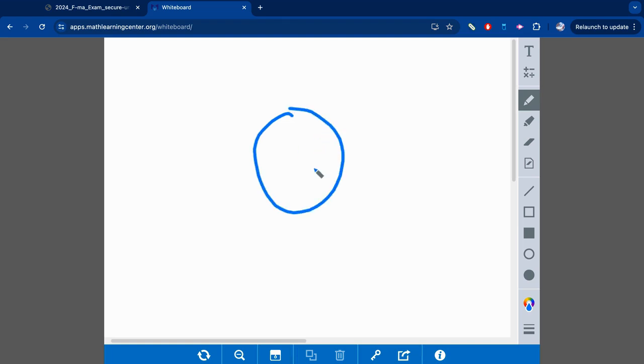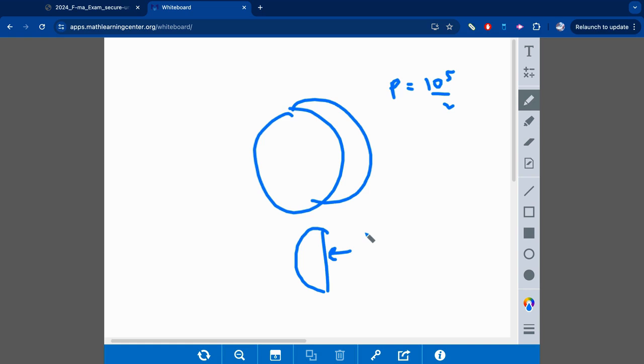So basically, you want to figure out the force that's required to pull on each hemisphere in order to pull the two hemispheres apart. Since it's closed, where P equals 10 to the fifth over 2, that means the inward pressure force, let's consider one hemisphere, is going to be 10 to the fifth over 2 times pi r squared.